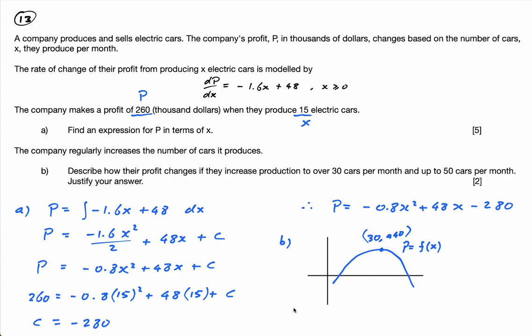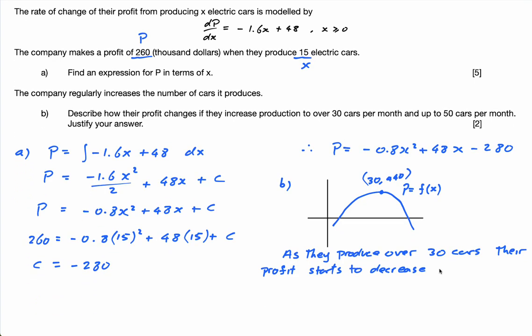So as they produce over 30 cars, their profit starts to decrease as the maximum is at X equals 30.